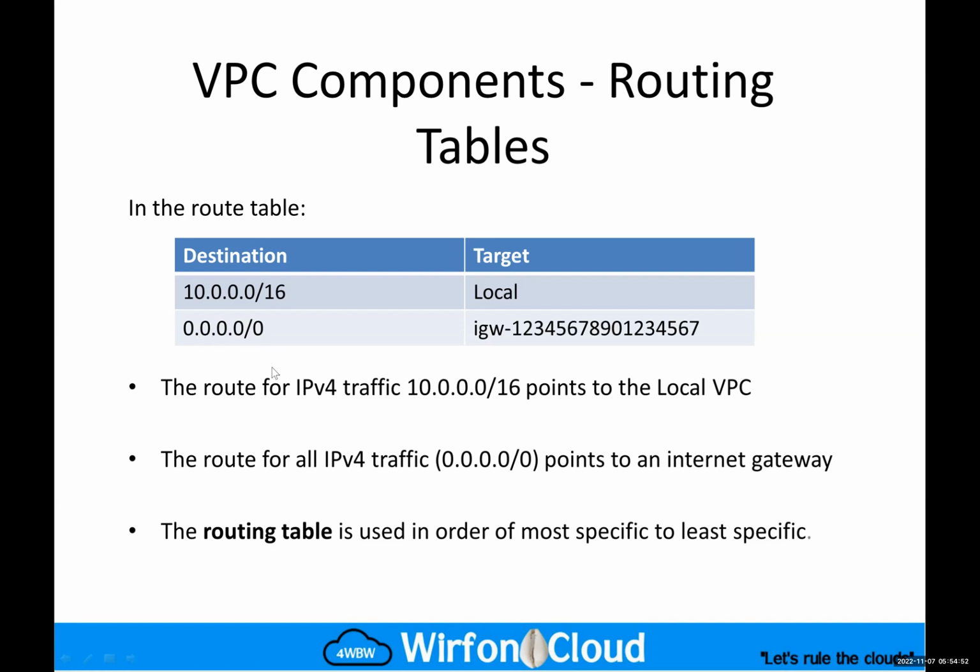What we know here is that the routing table starts with the most specific, and therefore when any route matches, it routes to that target destination. That's how it decides when there are conflicts. The most specific is the one that is chosen when there are multiple options.